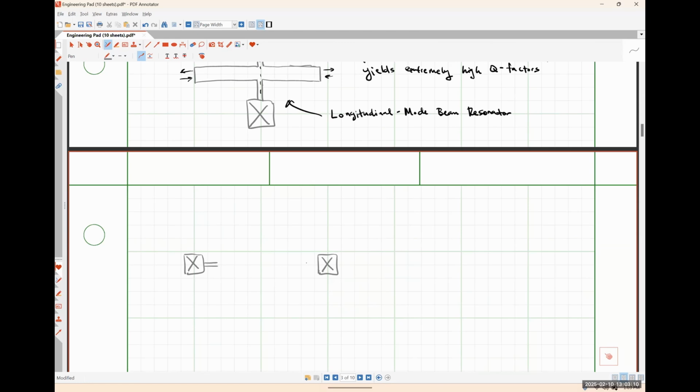We would have a torsional spring connecting to a frame, and then our frame would be connected by a second torsional spring to an interior resonator.